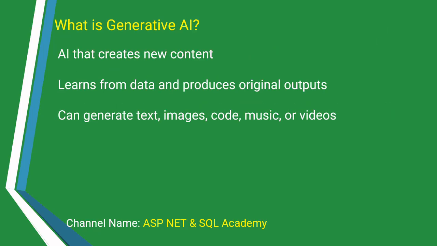Generative AI doesn't just understand data, it creates new data. It can write an article, design an image, generate an SQL query, or even compose a tune, all from what it has learned.